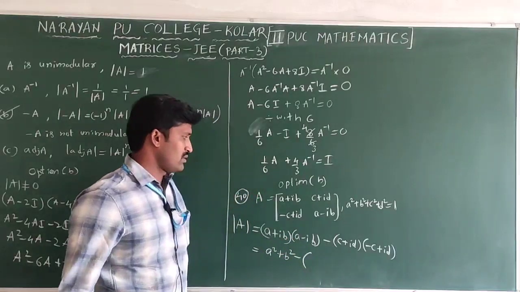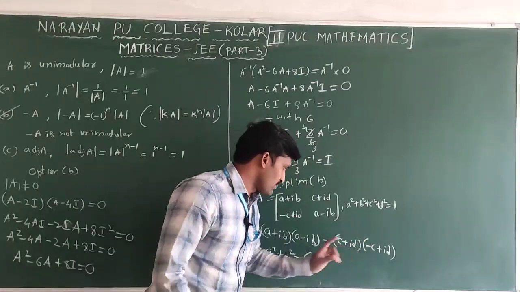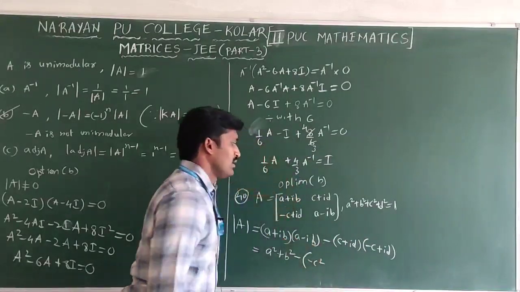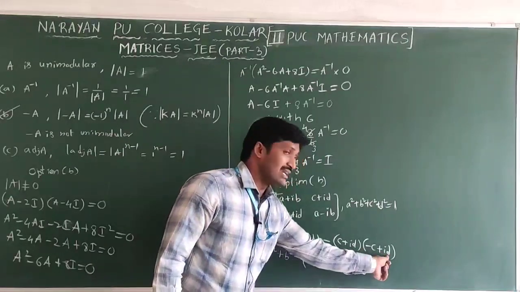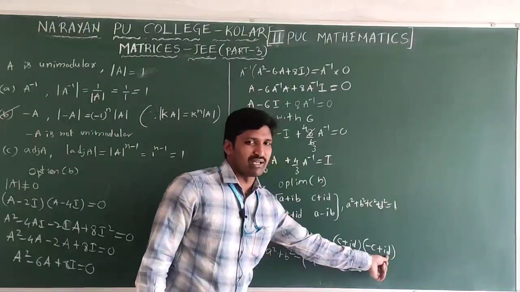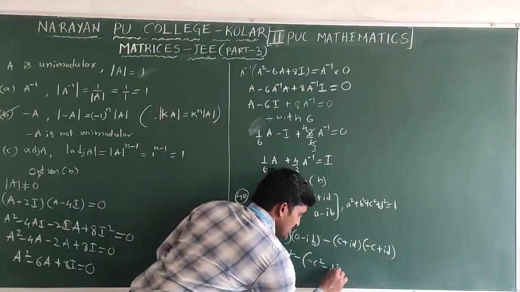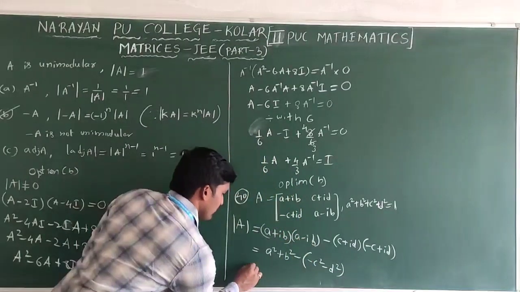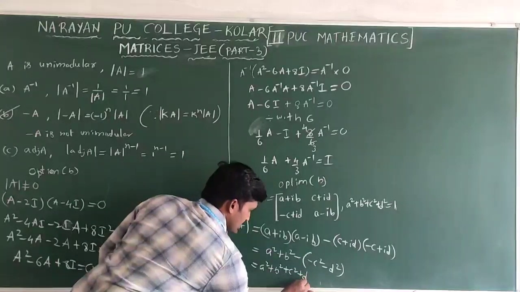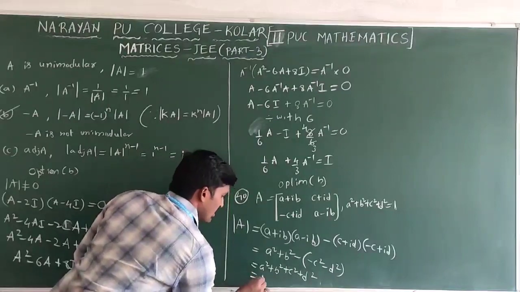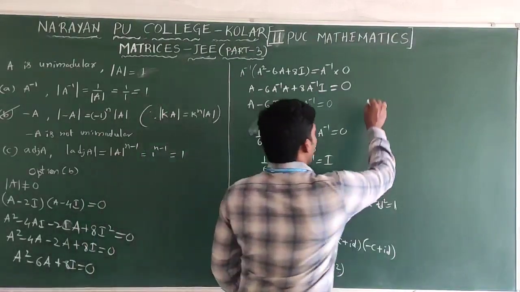Minus, here, iD is the first term, C into C gives minus C square, and iD into iD gives i square D square. I square value is minus 1, that's why minus D square. If you multiply the minus inside, A square plus B square plus C square plus D square. This value they clearly gave as 1. That's why the det A value is 1.